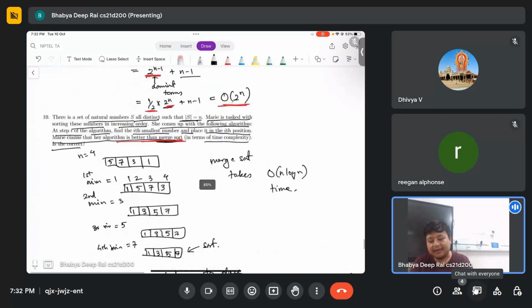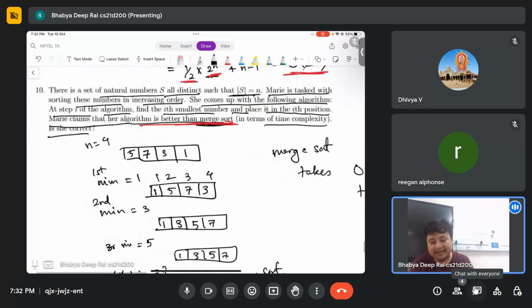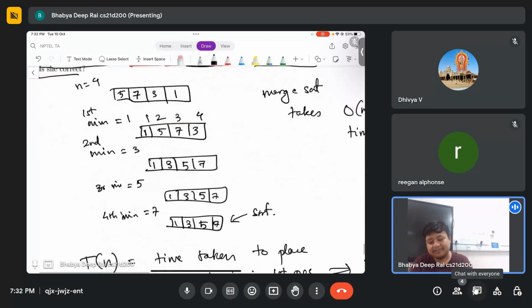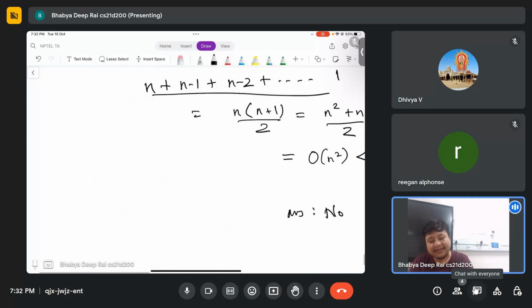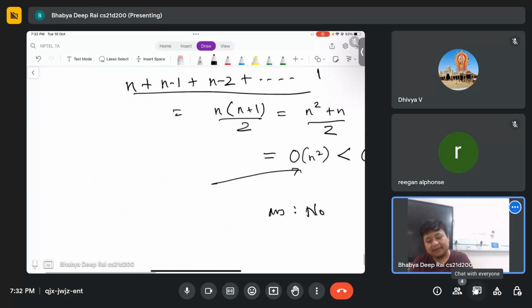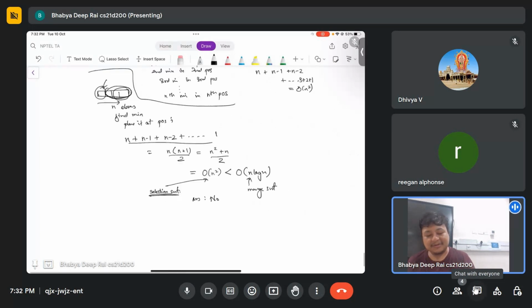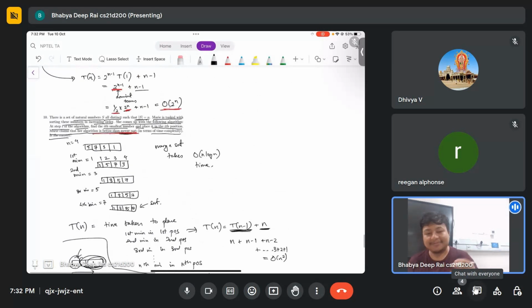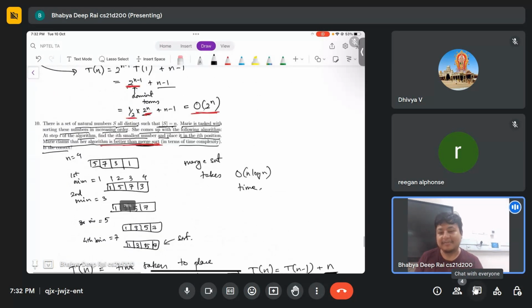If you've done an elementary data structures course, you may know this algorithm as selection sort. It takes the minimum number and places it at the correct position in every pass. It is not as good as merge sort. In fact, it is a really bad sorting algorithm, but it is very simple.